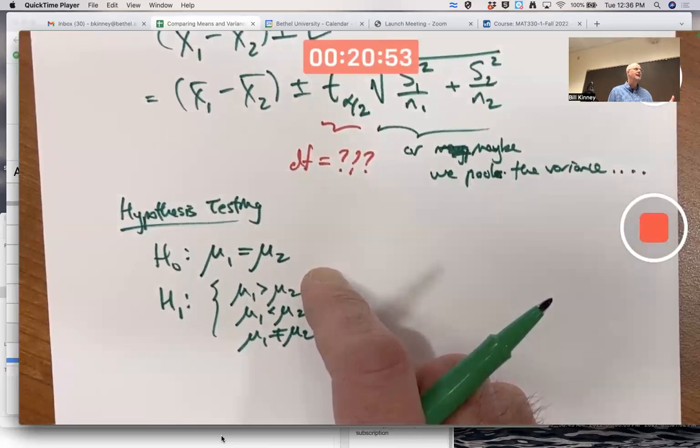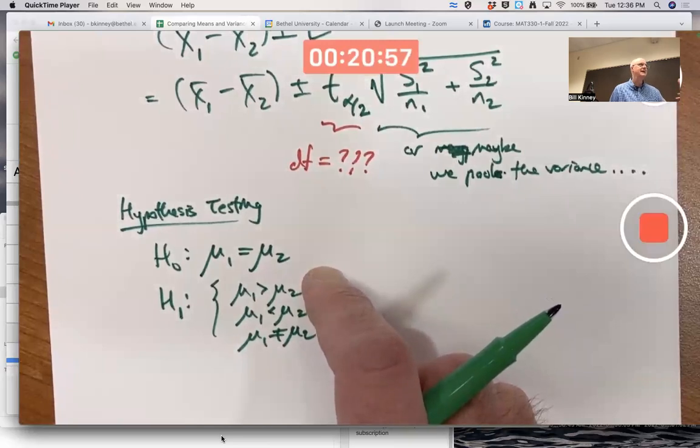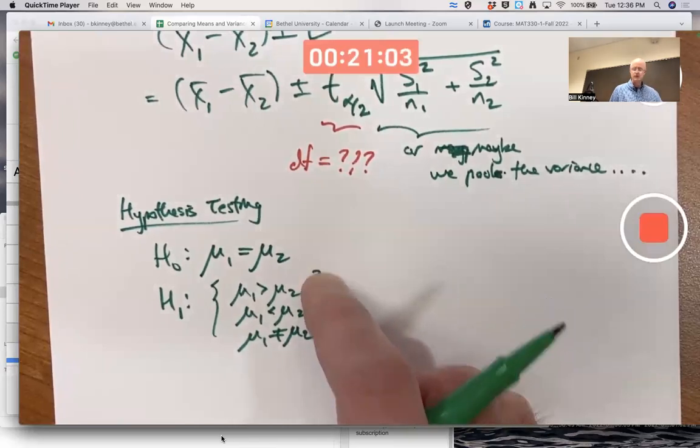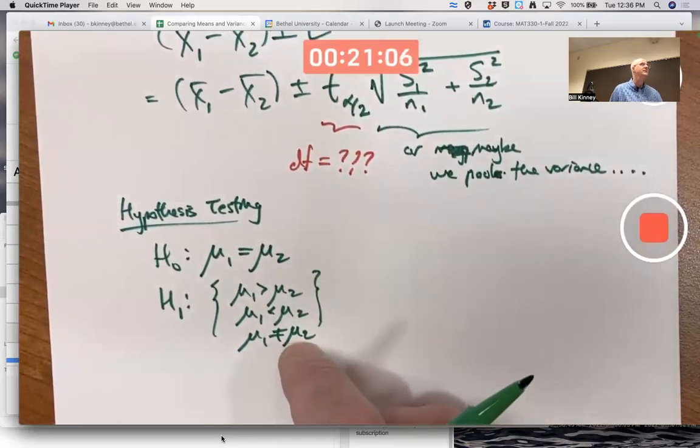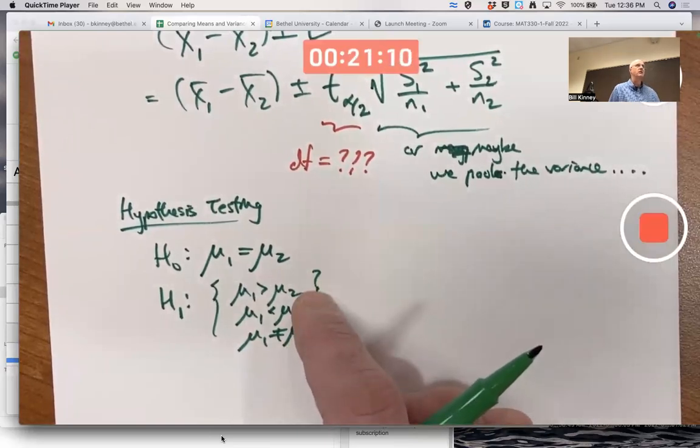What does that mean? It means they're trying to make it harder for themselves to reject the null. They're trying to make it harder to make a type 1 error, because when you do a two-tailed test, you double the one-tailed p-value. And your p-value is bigger. Makes it harder to reject the null, makes it harder to make a type 1 error. That's one way to play it conservative, statistically speaking.